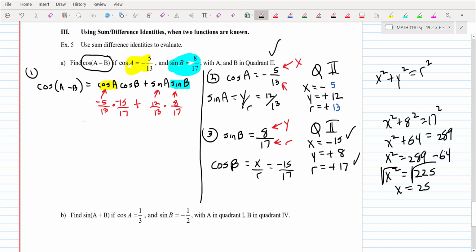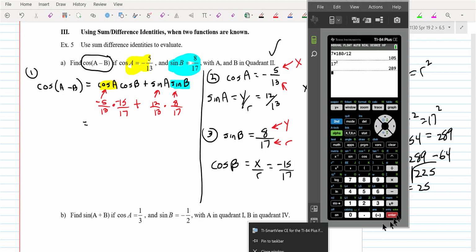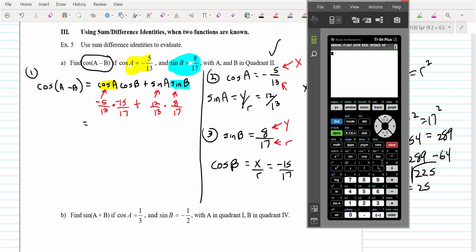So now if you multiply everything out, I'll use my calculator to kind of help me a little bit. I got 5 times 15 is 75. And 13 over 17, I'm going to take 13 times 17.